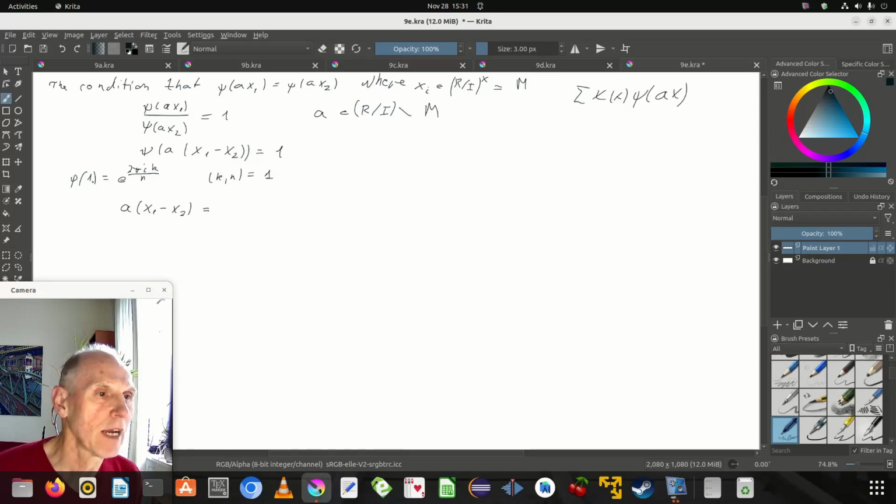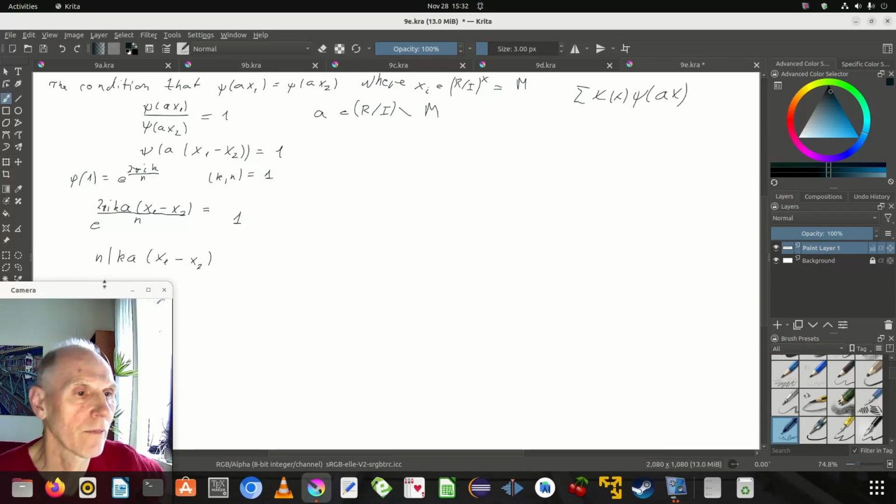When we put that in psi here, then we get this value, so it's e to 2 pi i k divided by n. That must give unity, and that means that it's a multiple of 2 pi. So that means that n divides k a times x2 minus x1. n and k have no common divisors, so that can be disregarded.